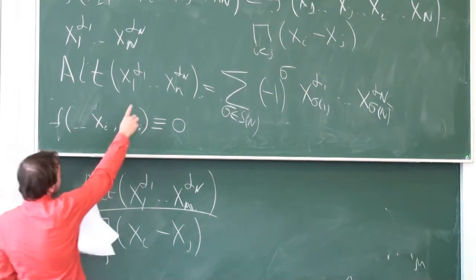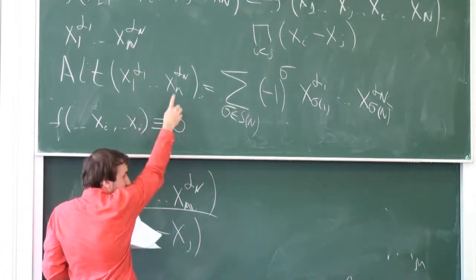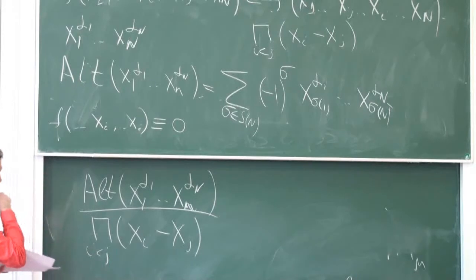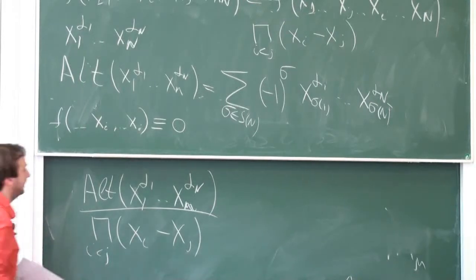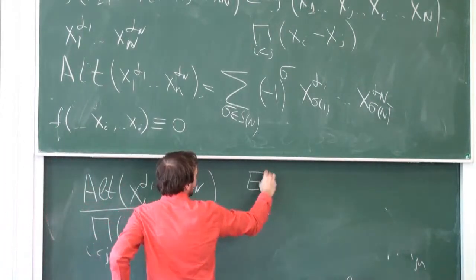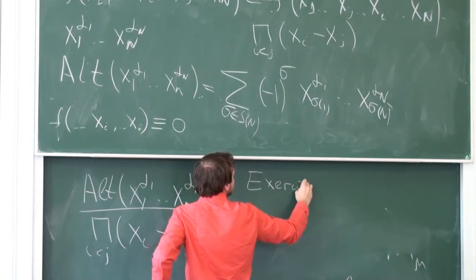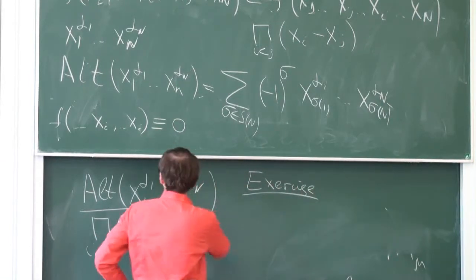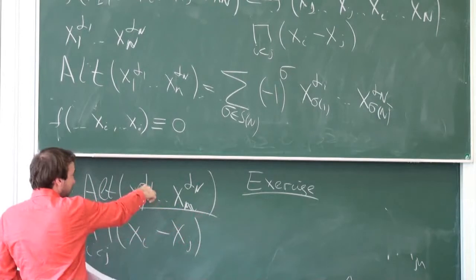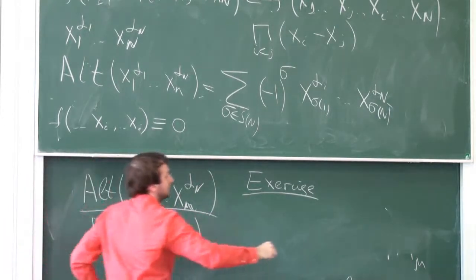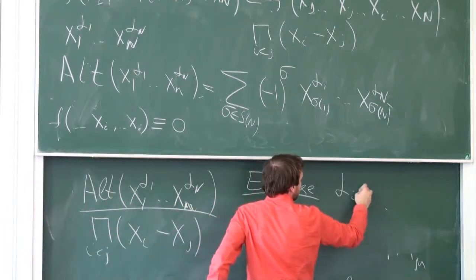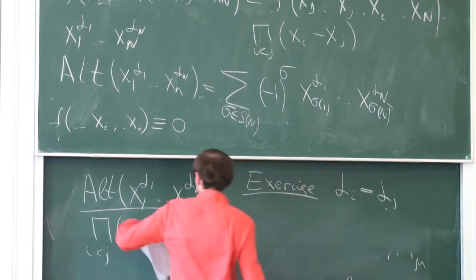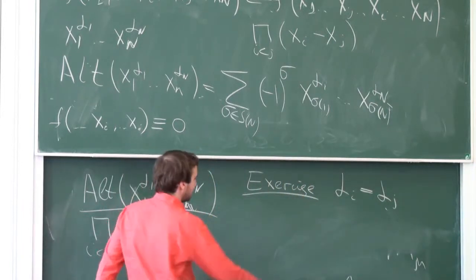Now we see that it's enough to consider just decreasing sequences, of course. What we can also prove, and I'll leave it as an exercise, is that if one of the parameters is equal to another, so if alpha i is equal to alpha j, then this ratio is identically 0.